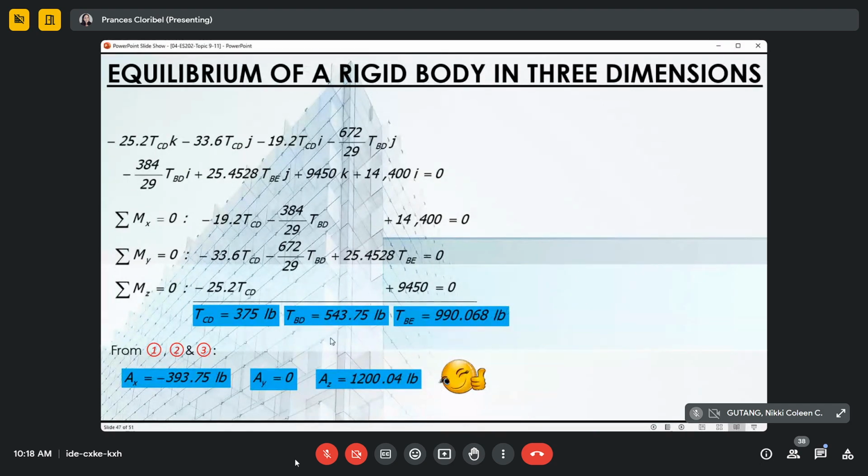Although, from the problem, only the tensions are asked, so we don't need to box these, since they were not asked for. Unless the reaction at A was required, then this would be the correct solution.